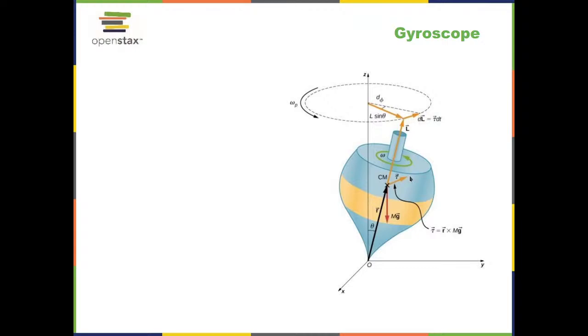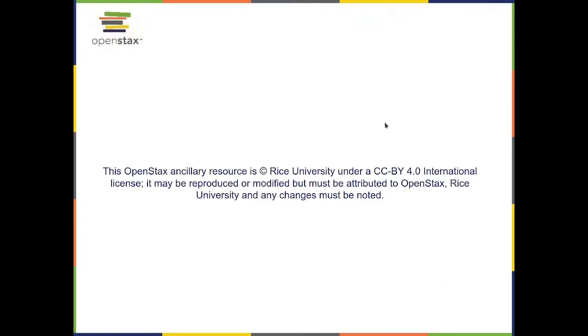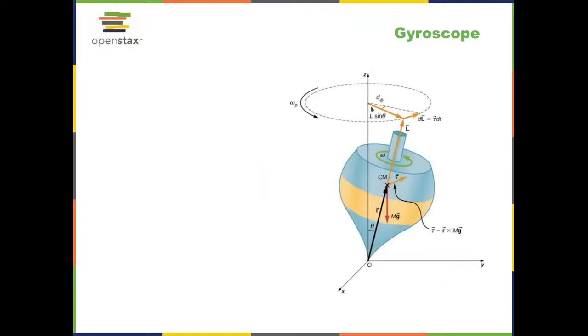We can calculate d phi, which is going to be dL over L times sine theta, where L is the magnitude of L and this is L times sine theta.